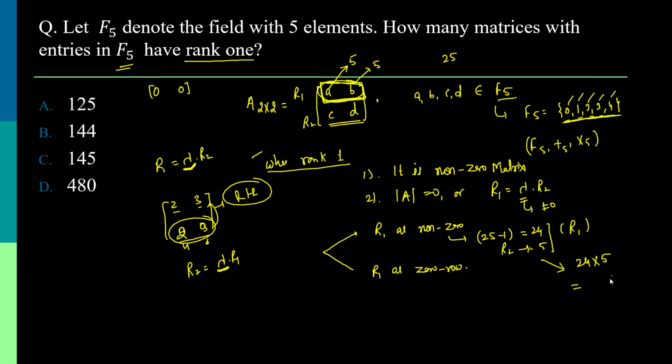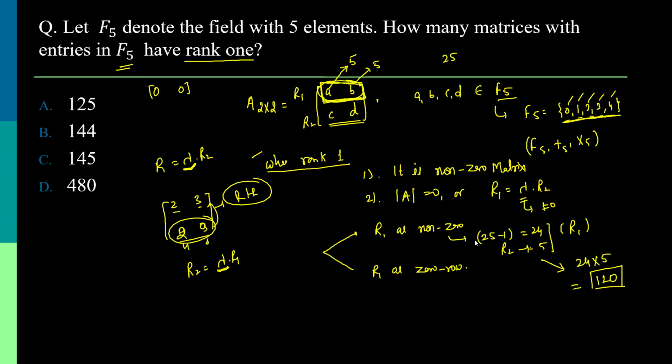So it will be 24 times 5, which is 120. So case number 1 of this bifurcation gives you a total of 120 matrices, where the matrix is 2 by 2, the entries come from F5, and the rank is 1.